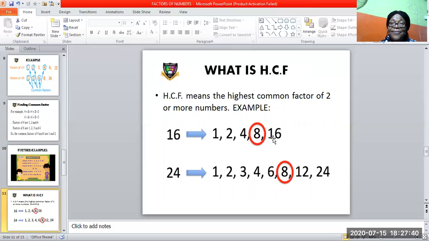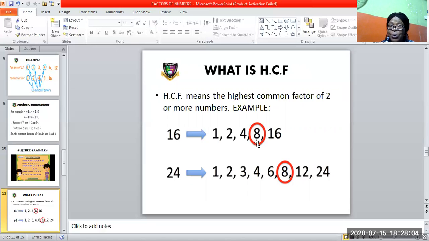What are the factors of 24? We say 1, 2, 3, 4, 6, 8, 12, and 24. Now the next question is, what are the common factors? Common factors are 1, 2, 4, and 8.